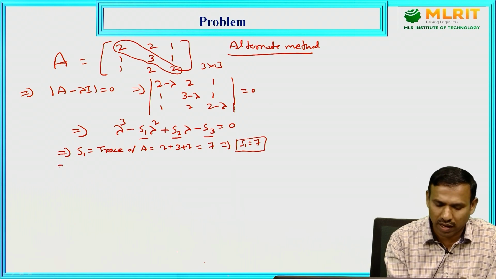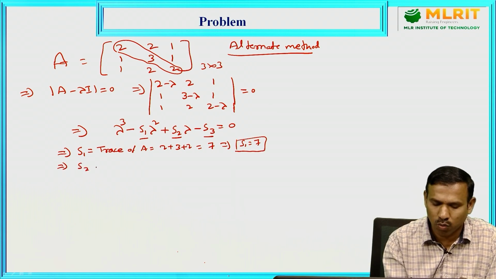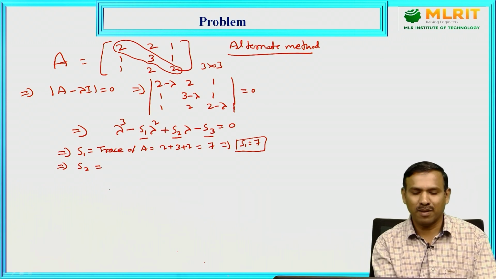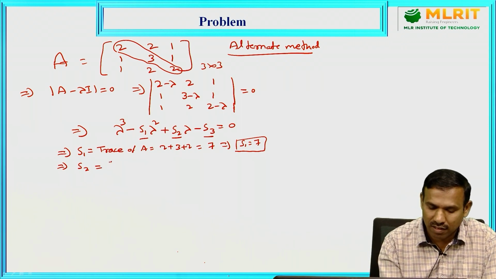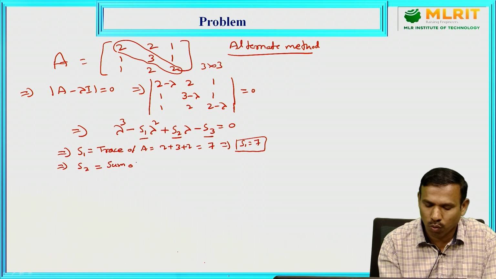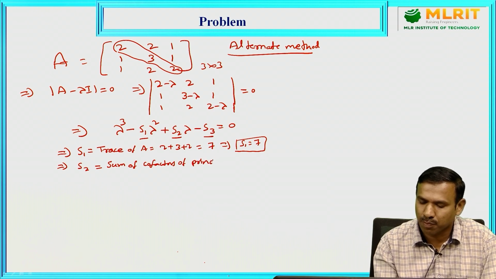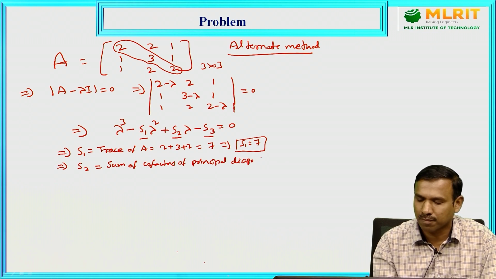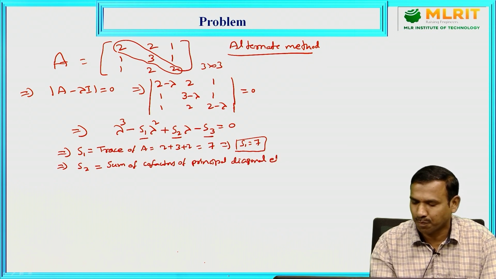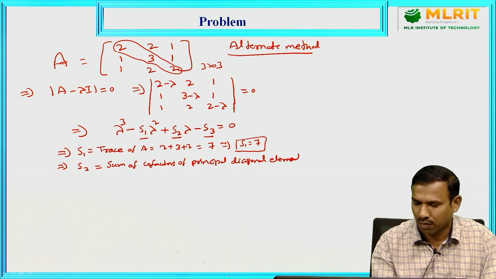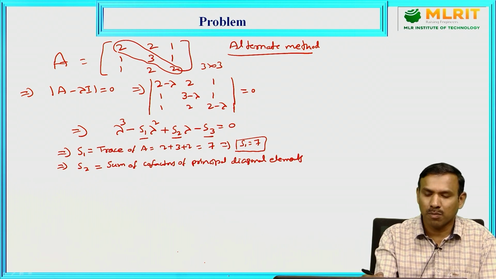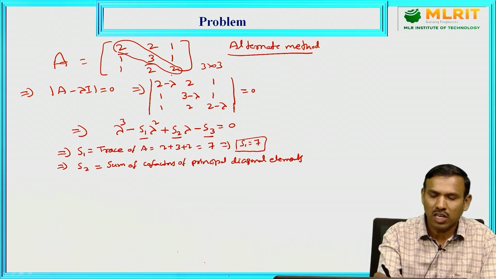Next, coming to S2, this is important. S2 is the sum of cofactors of principal diagonal elements, which I will explain. What are the principal diagonal elements? 2, 3, 2.